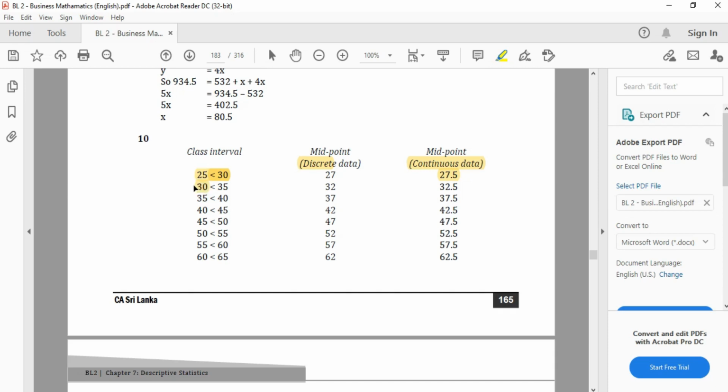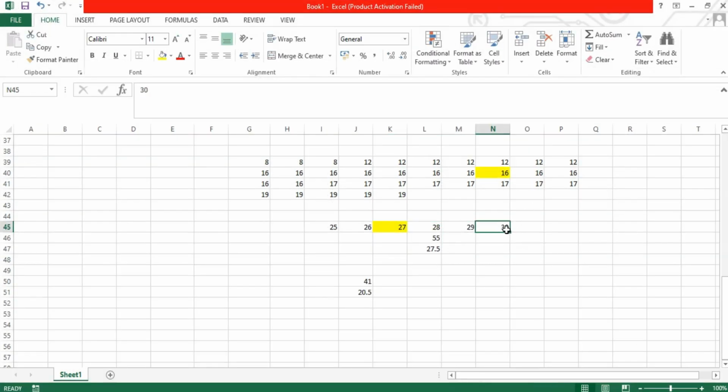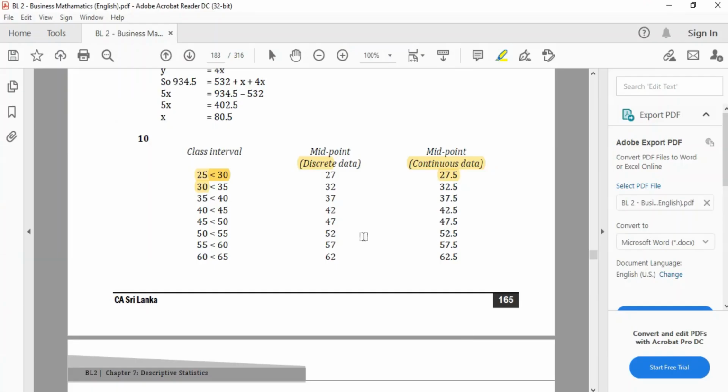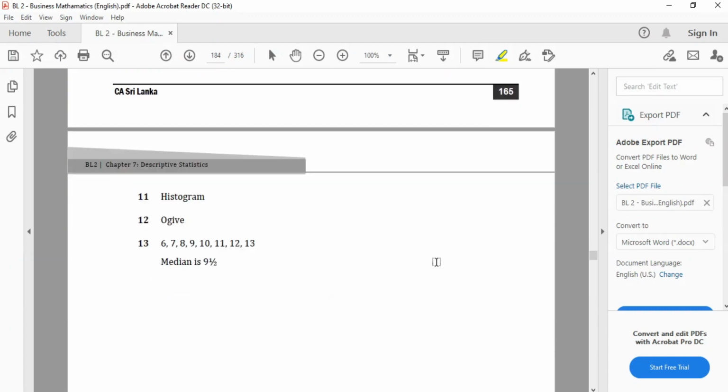Since they started it from 30 and put here less than 30 without saying less than or equal to 30, then you can consider only numbers 25 to 29 without taking 30 into consideration, because they have only said less than. They didn't say equal to. Because of that I ignored 30 previously, and then if you ignore 30 you get two numbers this side and two numbers this side, making 27 your middle number or midpoint. Okay, that's what you do.